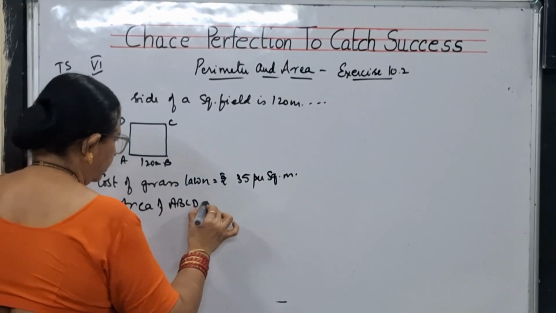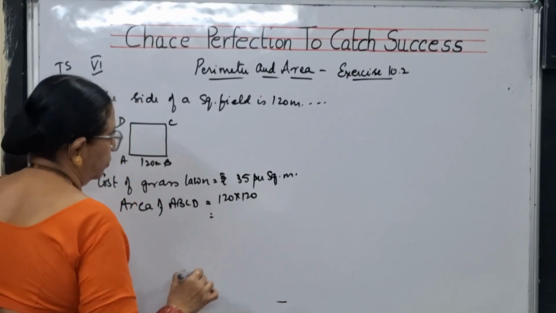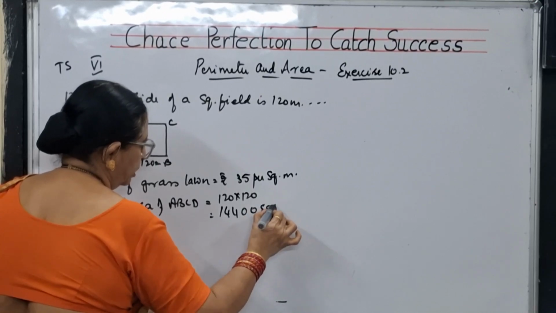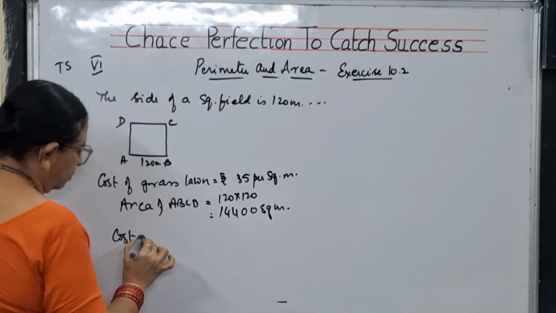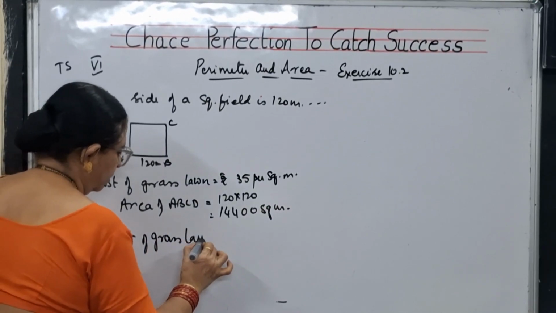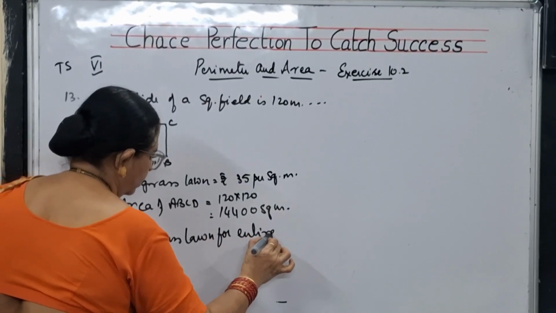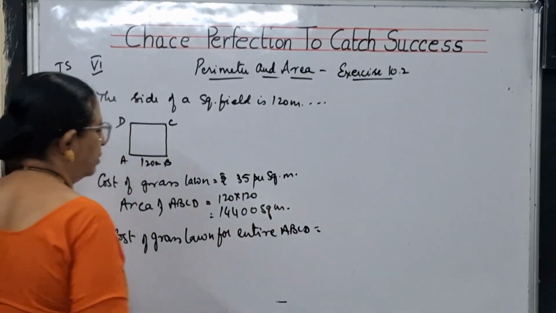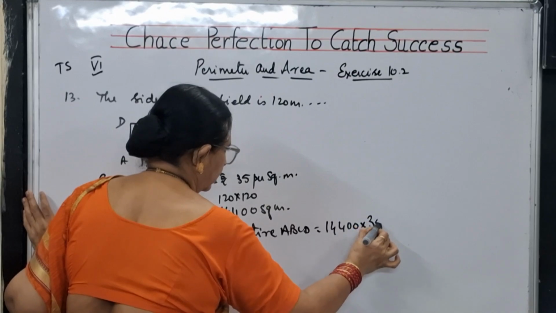ABCD. This is side into side, that is 120 into 120, which is 14,400 square meters. So what is the cost of grass lawn for the entire ABCD? It is nothing but 14,400 into 35.